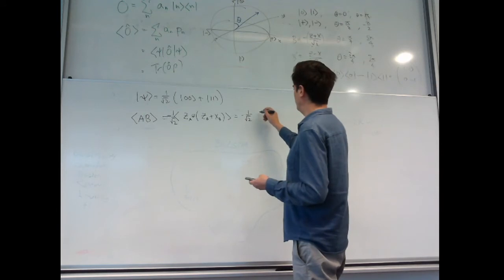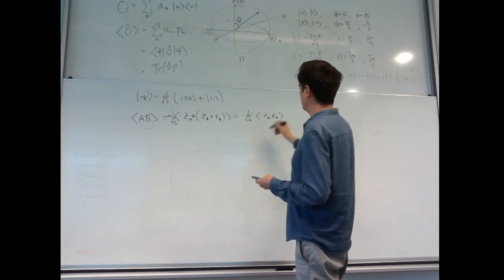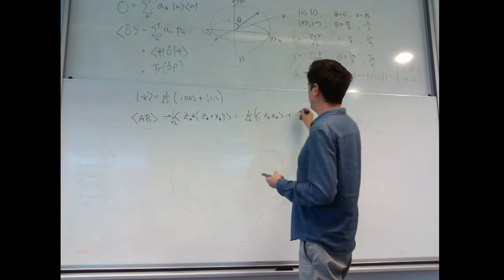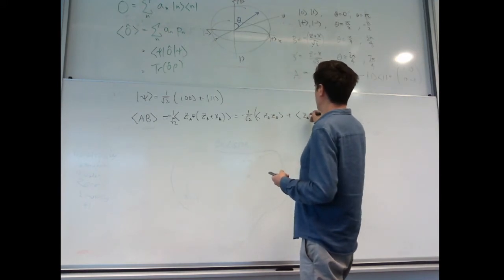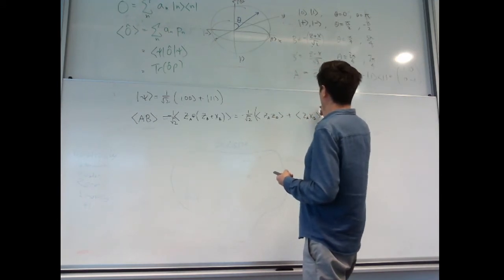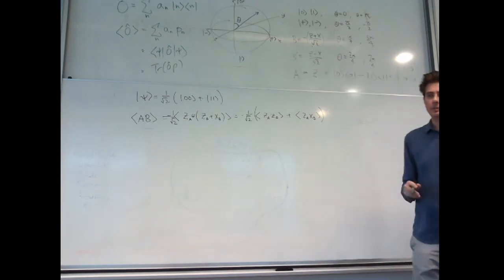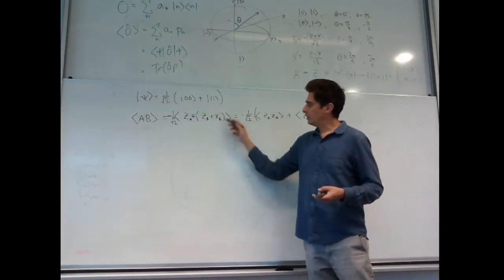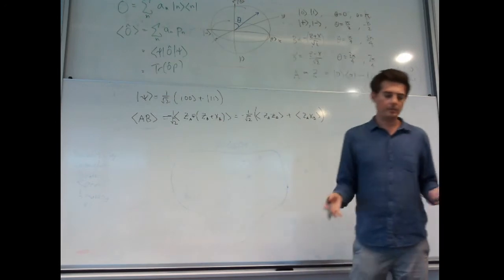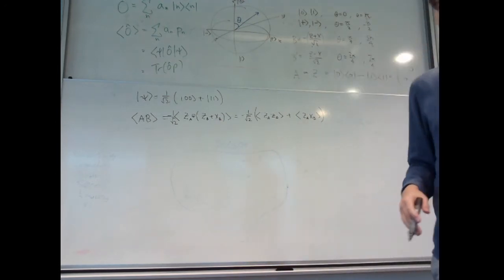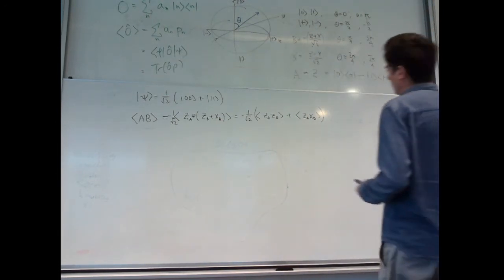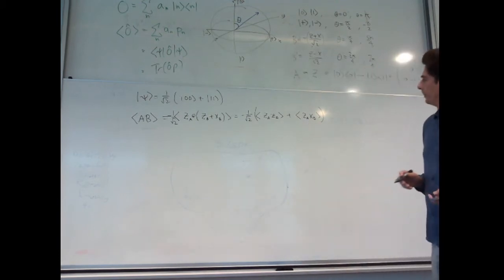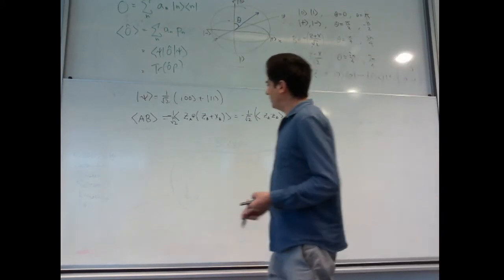So what I mean is, you add these matrices, take the average, and that's the same as if you take the average of these two individually. So let's just work out what this first term here is.